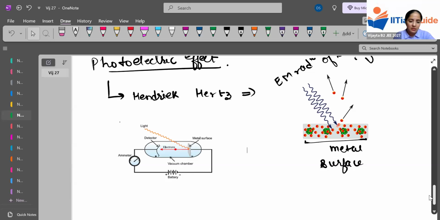In photoelectric effect, a radiation of suitable frequency.